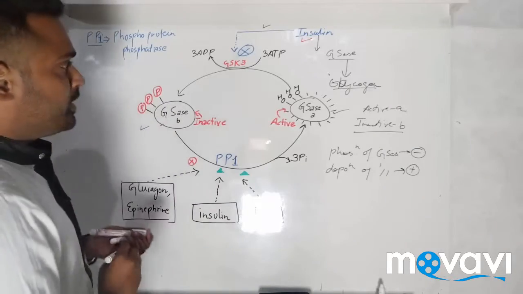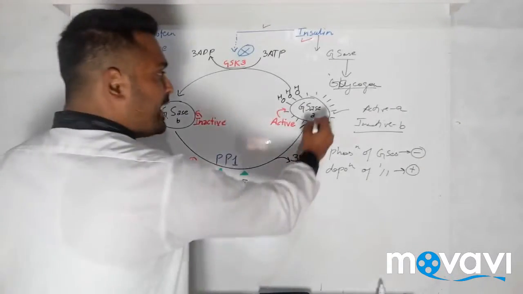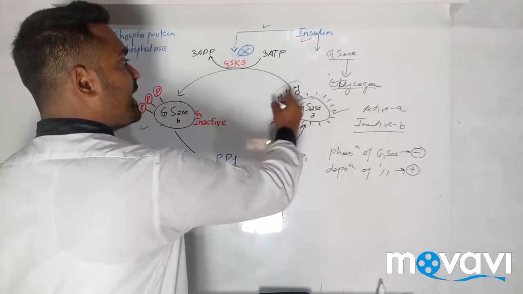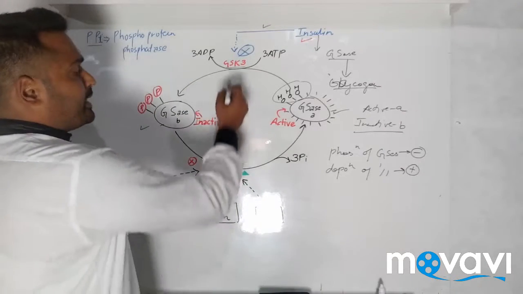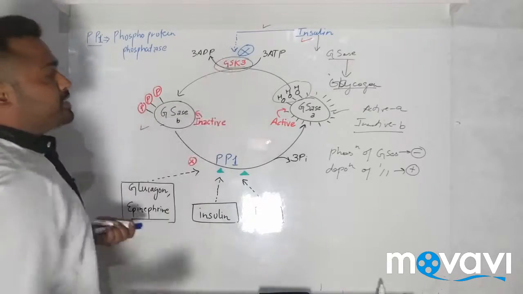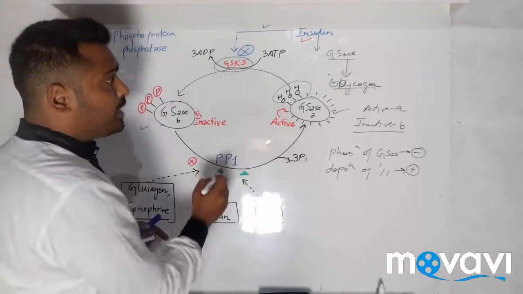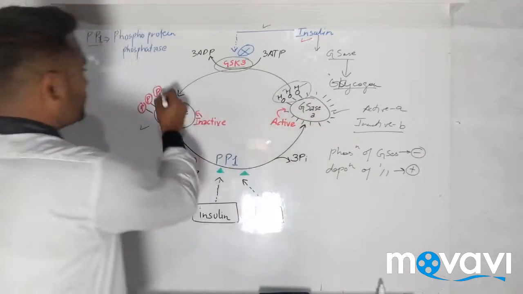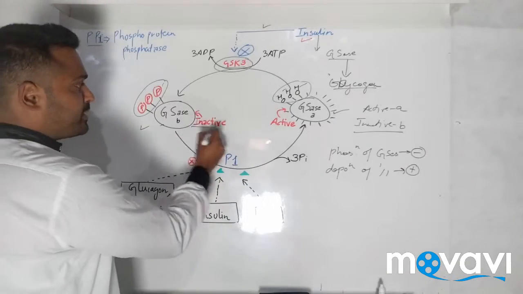So let's see here. We have this glycogen synthase which is in the active form. It has serine residues present on its active site. There are so many serine residues, and the enzyme in red color, glycogen synthase kinase 3, is going to phosphorylate at these residues. So this is phosphorylated, and after this phosphorylation, this is inactive.